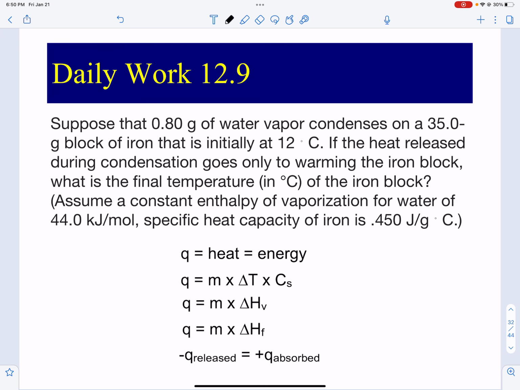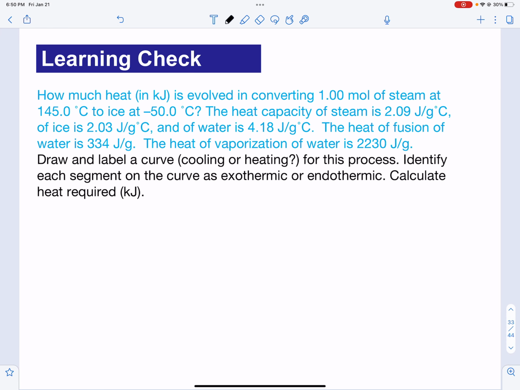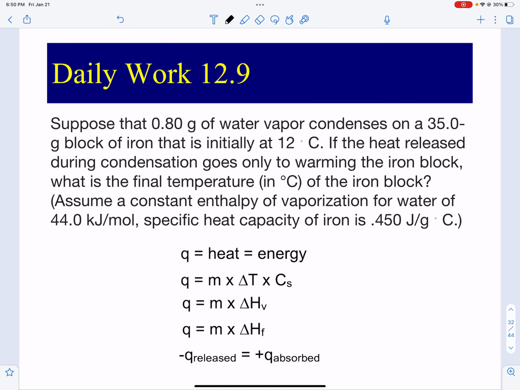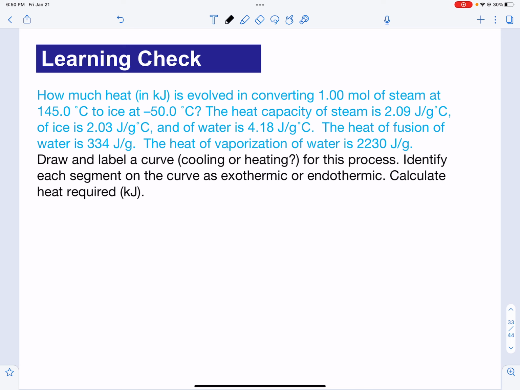So here's your 12.9. Sorry, 12.9, I'll give you a second so you can pause it. That should be enough. And here's another problem. How much heat is evolved? So once more, we're talking about evolving or releasing.